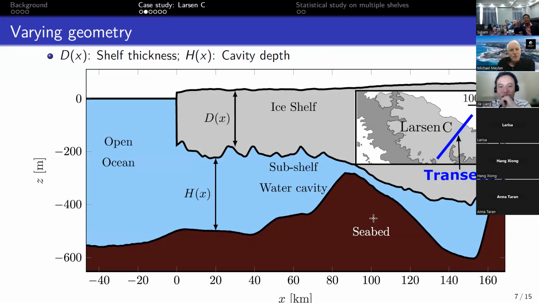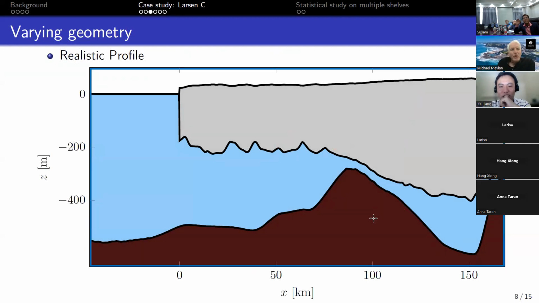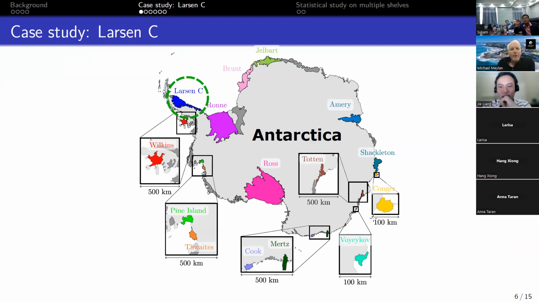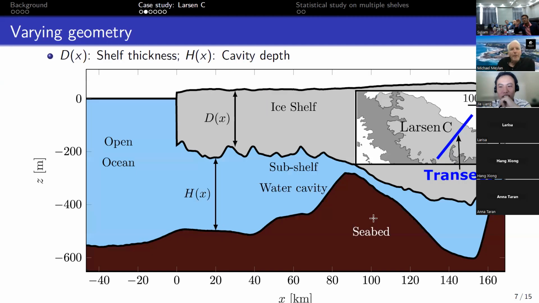Slide number 6. This one? No, not this one. 7. Yeah, here. If you go to dx, that vertical edge on the left, the ice-water interface, that is uniform in every case.